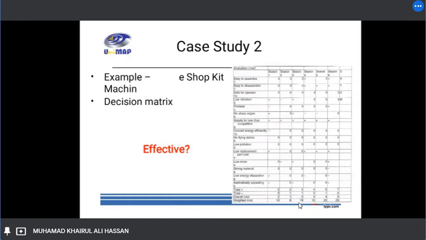So from there we calculate the weighted total. The last parameter we need to consider is the weighted total, not only the positive count, because the weighted total considers the rating. Okay, thank you, Doctor. Okay, welcome.